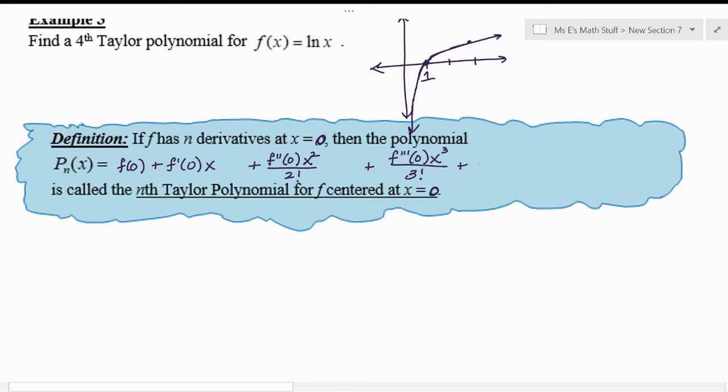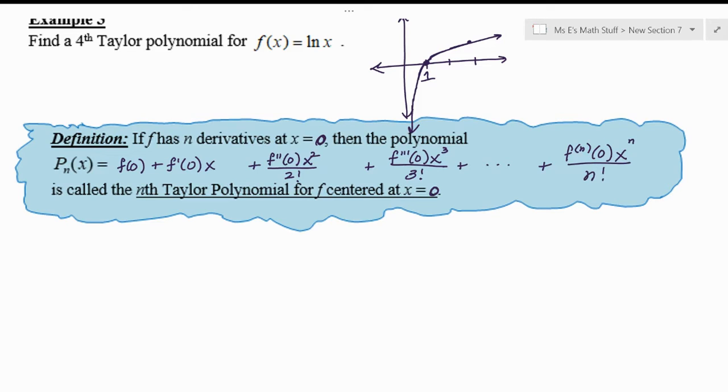And then you keep going like that until you get down to the derivative that you need evaluated at 0 times x to the nth power over n factorial. So that's what you do if your c value, where you're centering it, was 0.